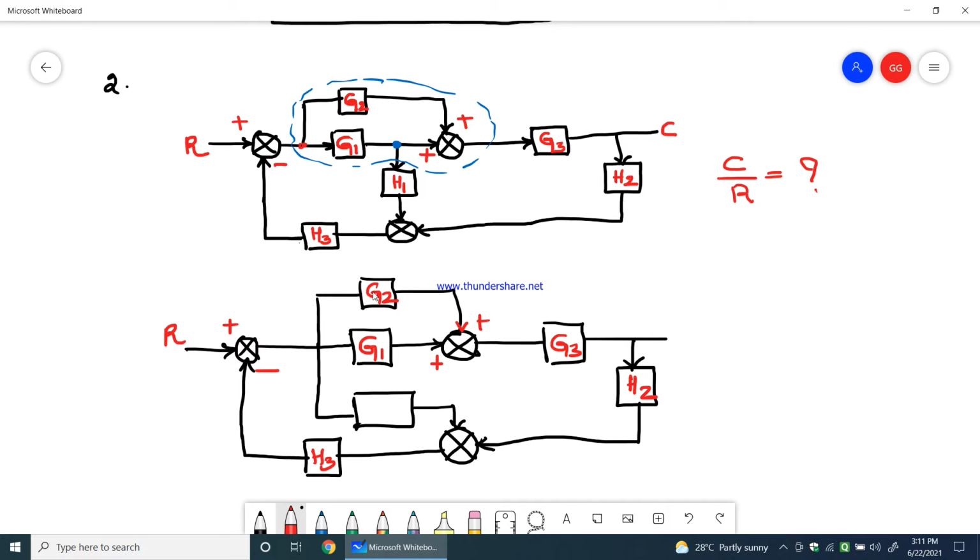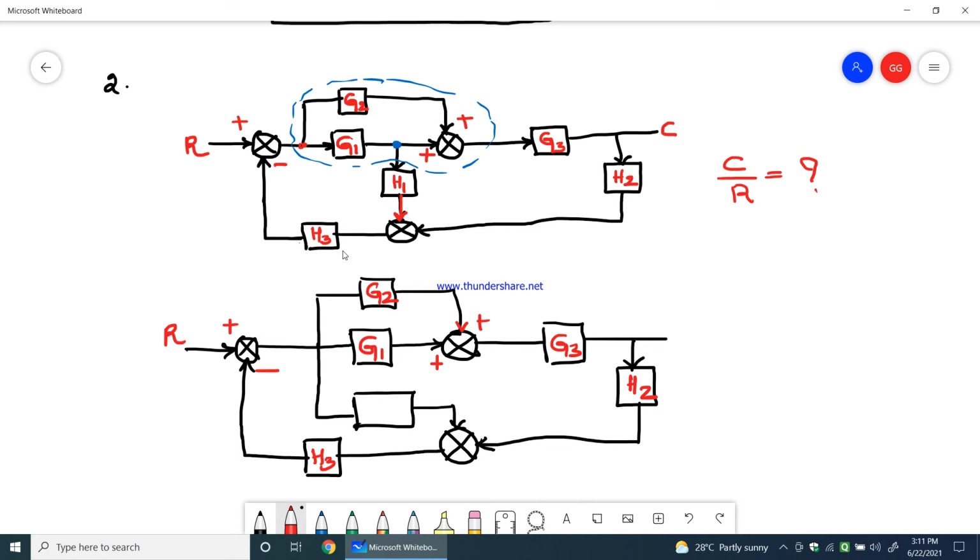So here when I shift this takeaway point from here to here, G1 was actually multiplying with H1, then only it was coming here, right? This G1 used to get multiplied with H1, and that is what was coming to this particular point, right?